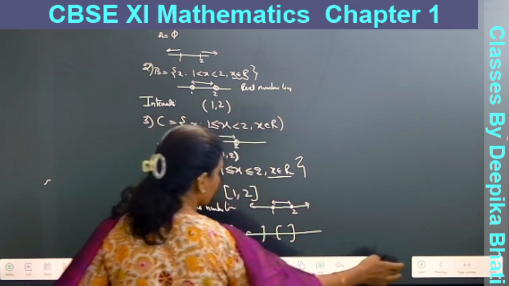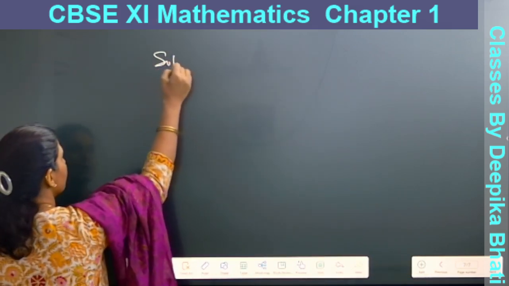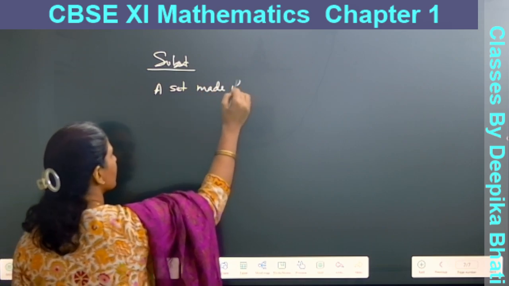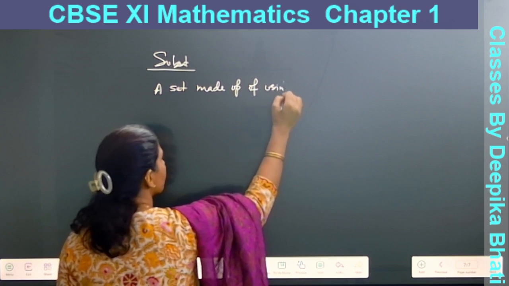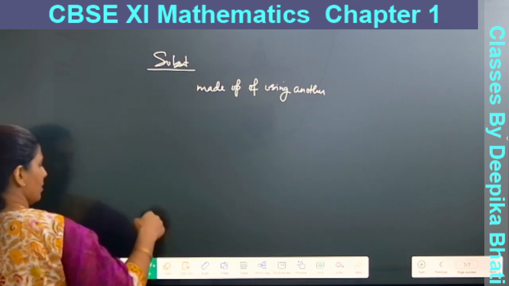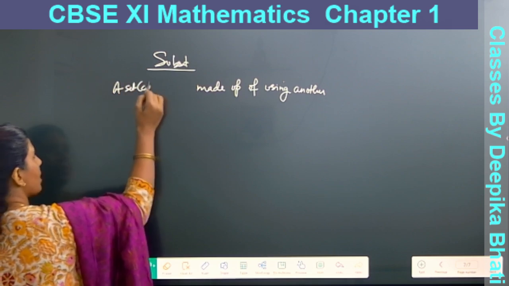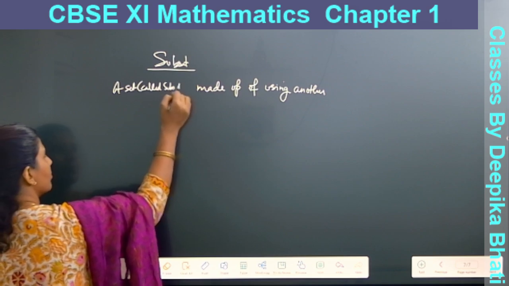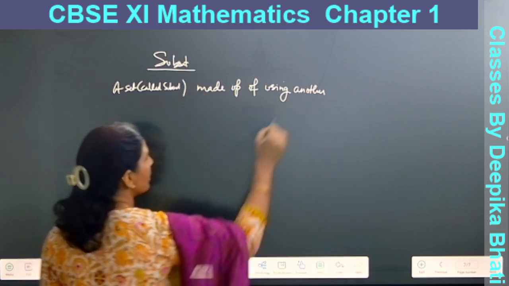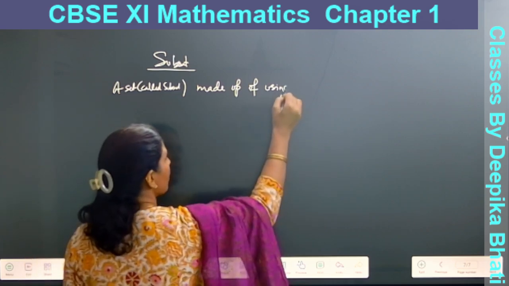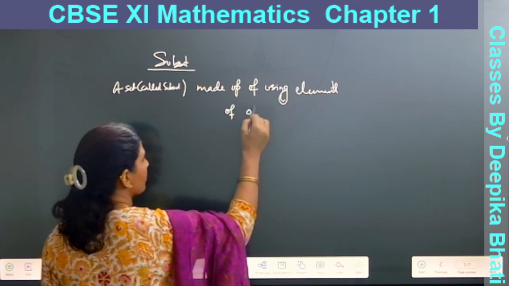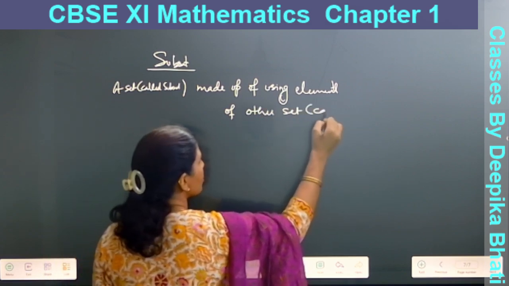So if I come to the formal definition of subsets: a set made up of using elements of another set is called a subset, and the other set is called a superset.